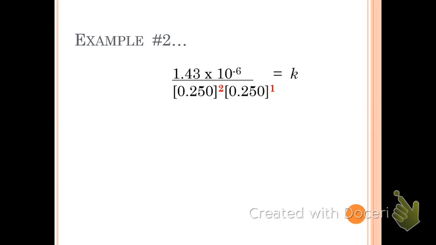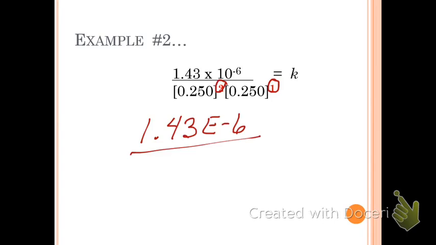Oh, wait a minute. Did you notice that you could have added these powers because they have the same number to them? So you could put 1.43 e to the negative 6 divided by 0.250 to the third power. You could very easily have done that. Okay, that's equal to k.